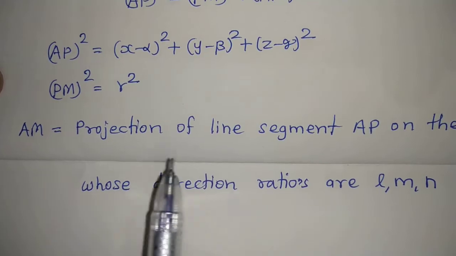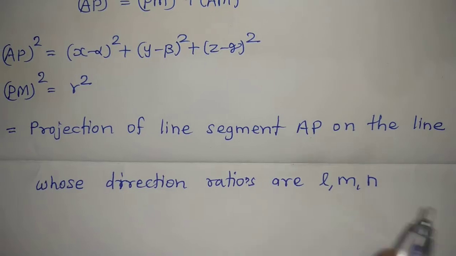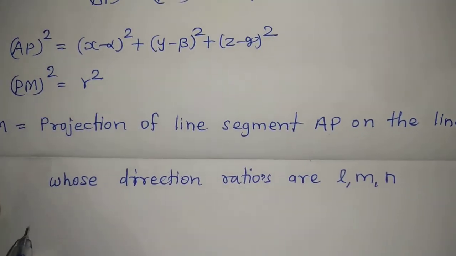So AM is the projection of line segment AP on the line whose direction ratios are L, M, N.